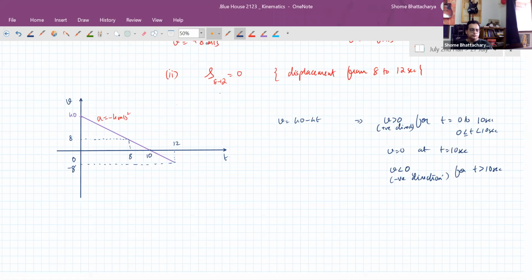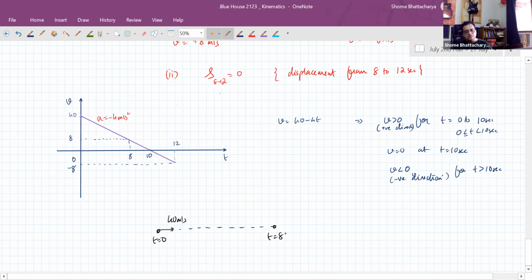So also from the information that we had seen earlier, you can figure out that if it started from here at t equal to 0 with 40 meters per second, then it reached somewhere here at t equal to 8 seconds with a velocity which was positive and equal to 8 meters per second.